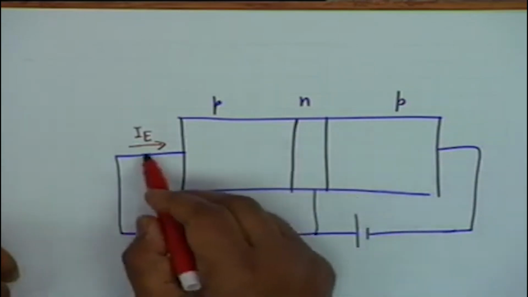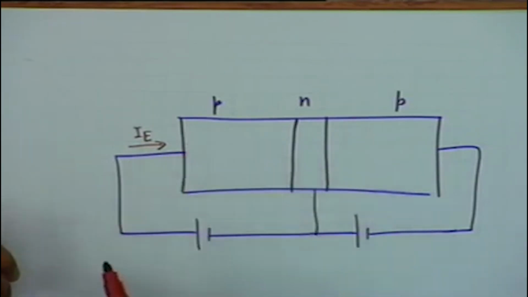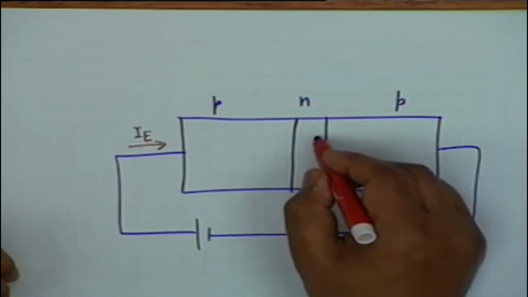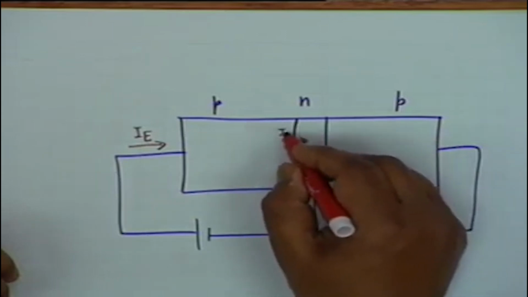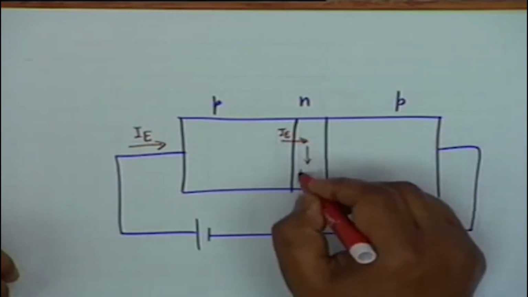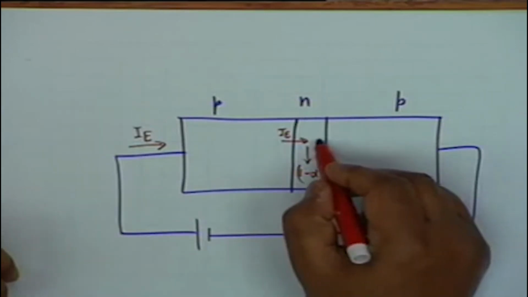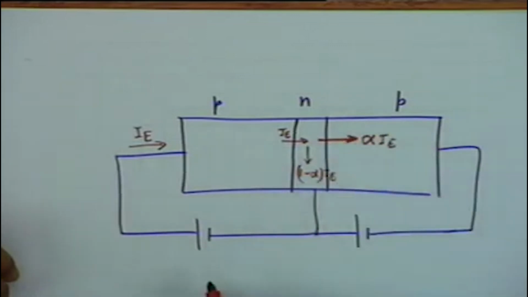So the direction of flow of carrier is the same as the direction of the current. I sub E enters here, a fraction of it goes to the base, 1 minus alpha IE, and the other fraction goes into the collector, which is alpha IE.